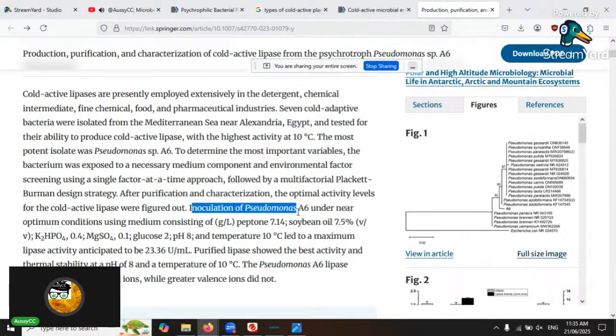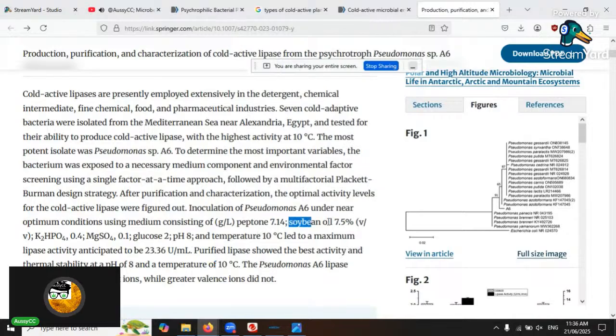So see how they've grown it here? They've inoculated it and reproduced it, and the temperature, 10 degrees, has led to maximum lipase activity. And they got 23 microliters per milliliter. That's rad. 10 degrees Celsius. That's the best bit. It's a psychrophilic that you can grow, reproduce, and it even gives you the formula.